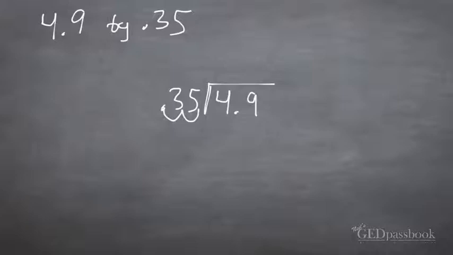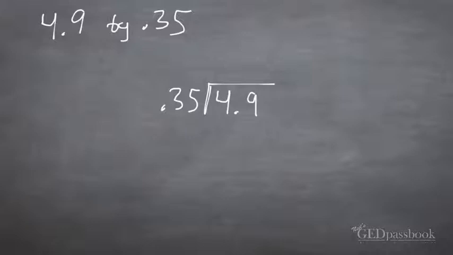How many steps did you move that decimal point to get it to the end of the 5? 2. We moved it 2 places, 1, 2, to get it to this end right there.